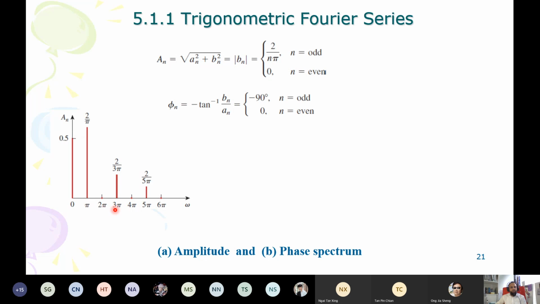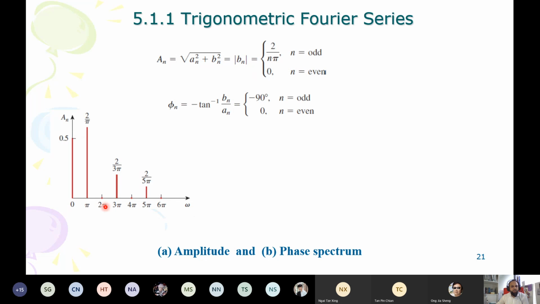These values are coming from harmonic frequencies, and each one of them is appearing at that particular harmonic. So that's why it's odd, even, odd, even. I should have explained it first. This x-axis is the omega, and it will have the harmonic frequencies. This is the fundamental frequency, then first harmonic, second harmonic, third harmonic, and so on.